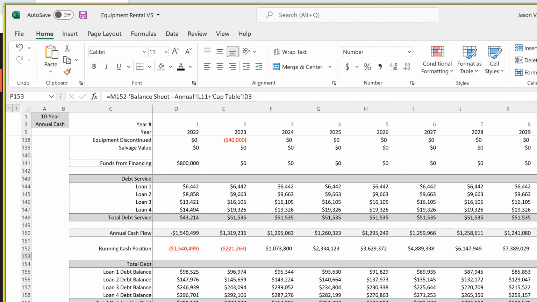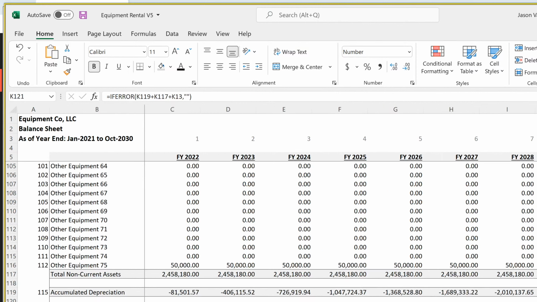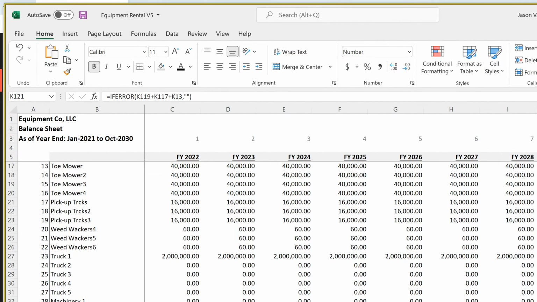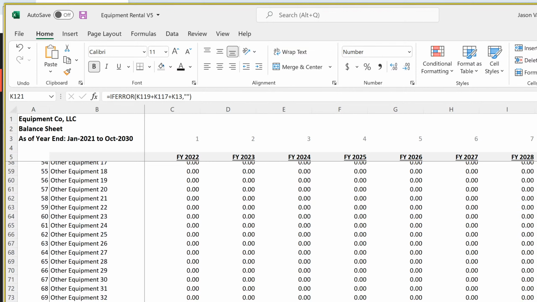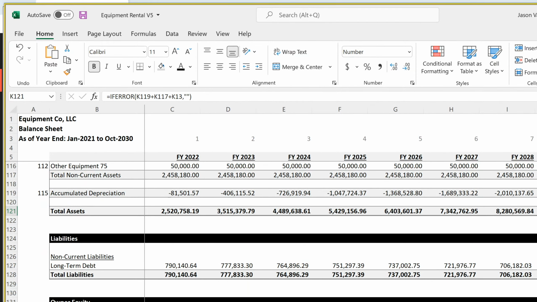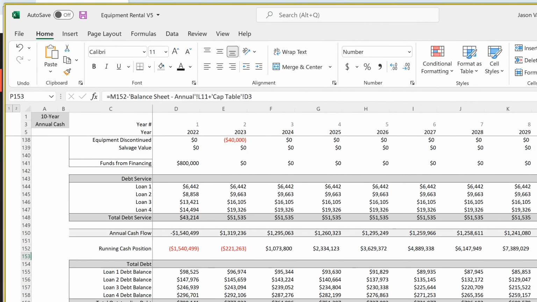Wait, it's off by the exact amount of the total assets. How is that possible? What's our cap table look like?